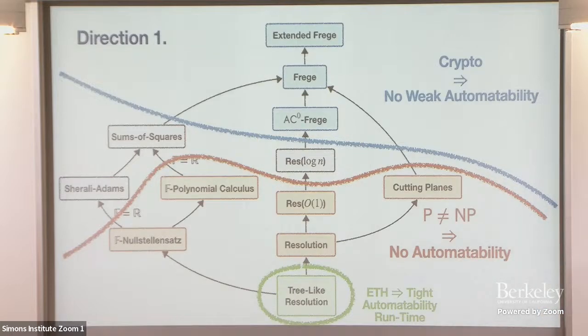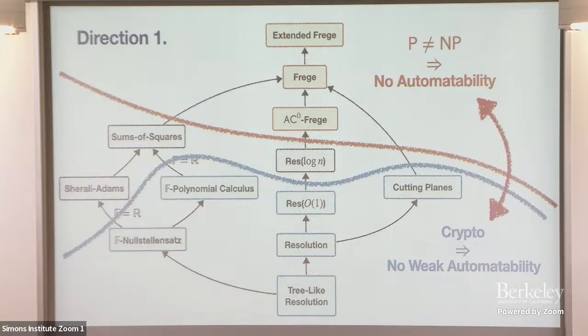Another obvious thing to do is, in these results, we know that under P not equal NP, we can deduce that there's no automatability. And under crypto assumptions, we can deduce there's no weak automatability. Can we somehow flip these? Can I somehow use stronger assumptions to deduce weak automatability results down here?